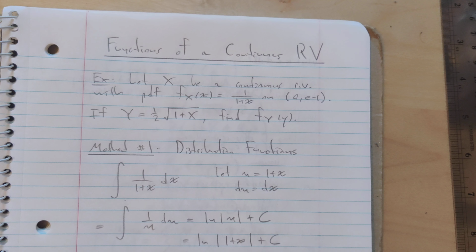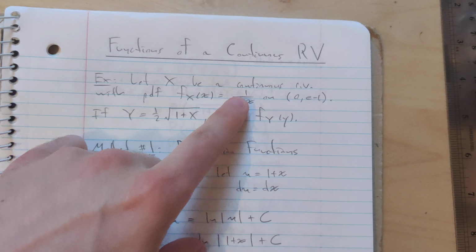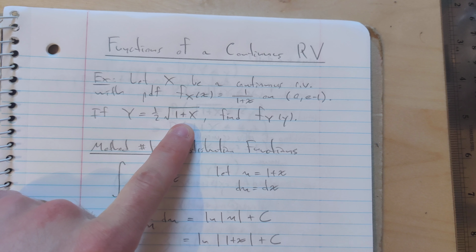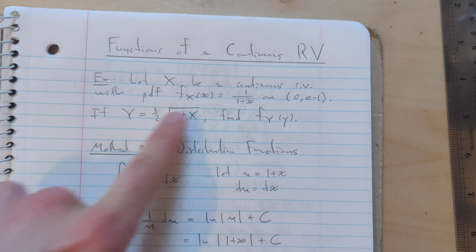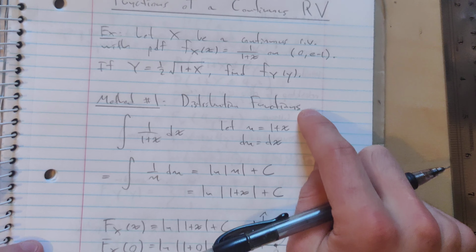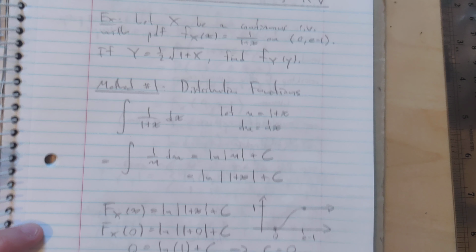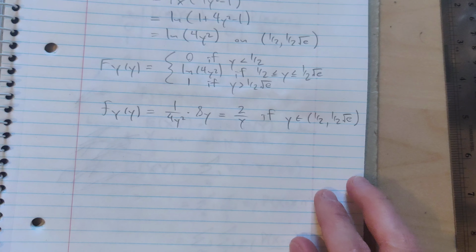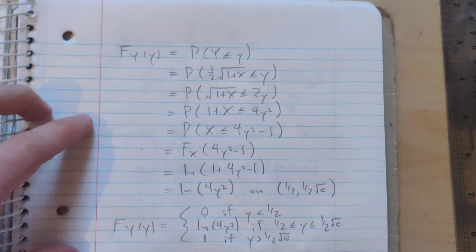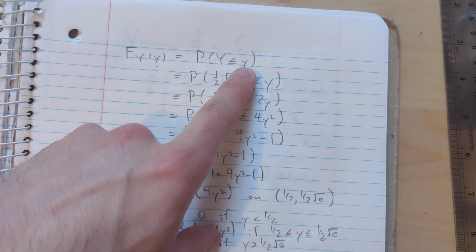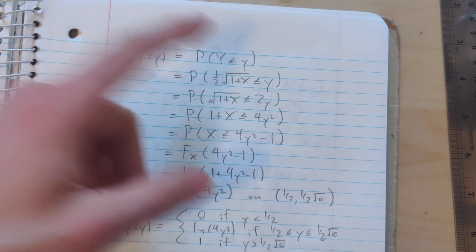So that was the method of distribution functions. If you have a continuous random variable and you have a new one defined in terms of that one, and you know the distribution of the old one, to get the distribution of the new one, what did we do? We found the CDF for the first one. That actually took a while. Then we realized the CDF for the new one is the probability it's less than or equal to a thing, little y, some dummy variable.